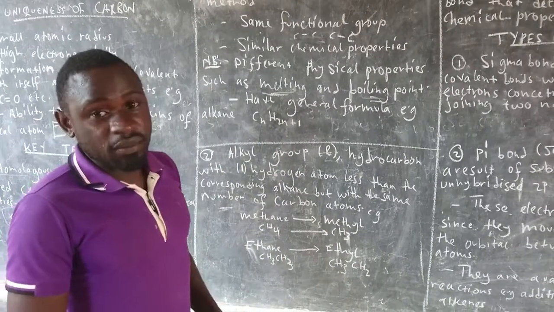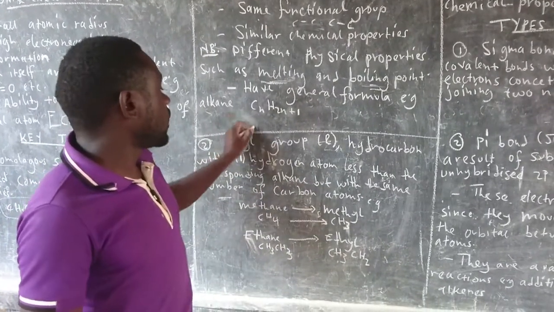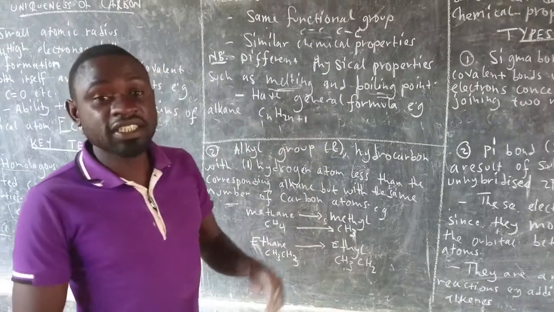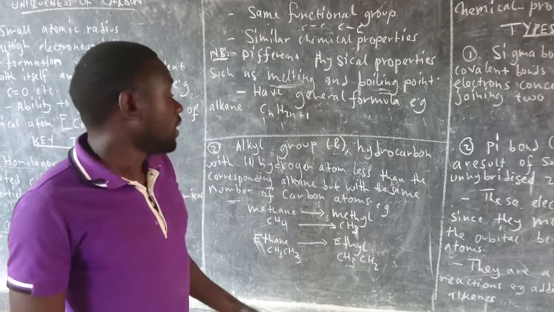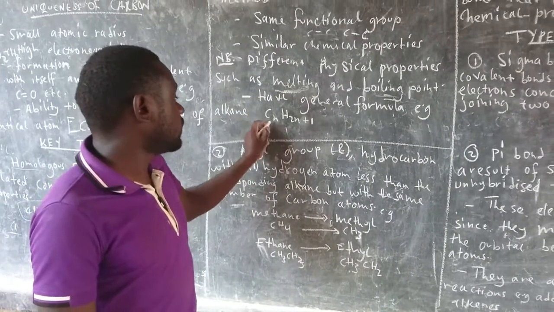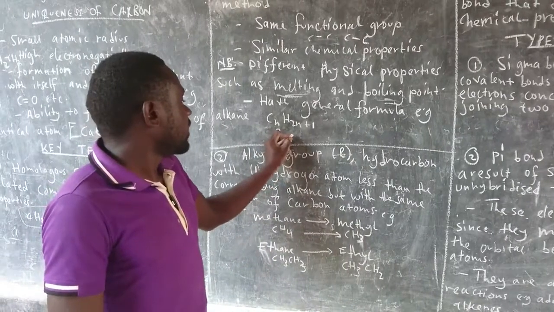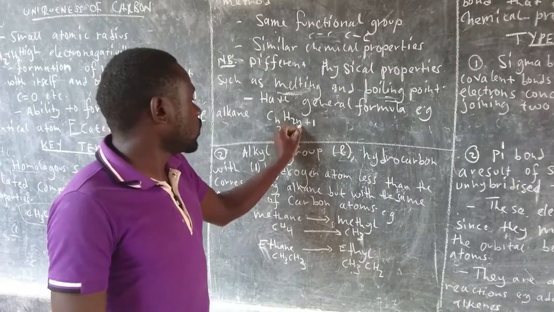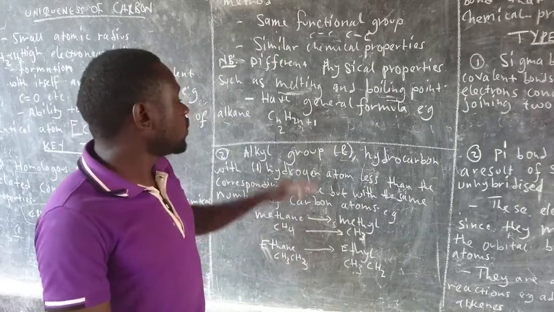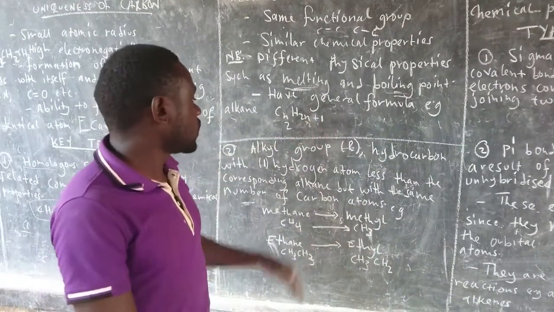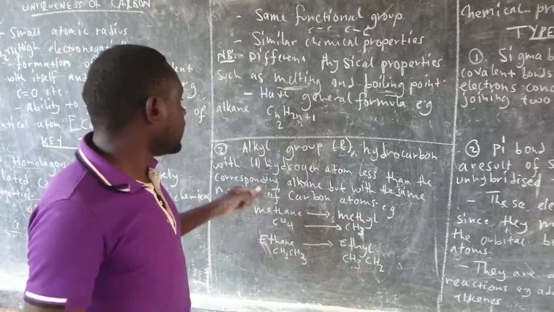Again, when you count the number of carbon atoms and hydrogen atoms, you will see that they have the same general formula. If there are 2 carbon atoms, the hydrogen will be times 2, plus 1. If it is ethane, it will be like that, and for other compounds the formula will remain the same.